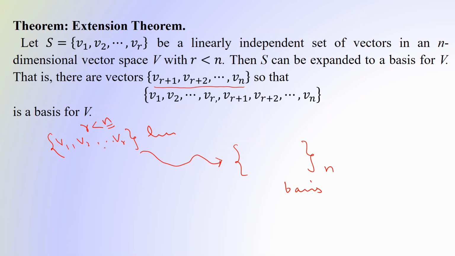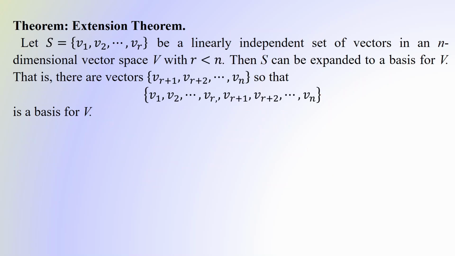Therefore, since this contains r linearly independent vectors, we need another n minus r vectors to be added to this set to form a basis. So we start with v1, v2, ..., vr and add another n minus r vectors. We have r vectors here and this will be n minus r vectors. Altogether it contains n linearly independent vectors. So therefore this will form a basis. That's the idea. Let's see how to prove that.